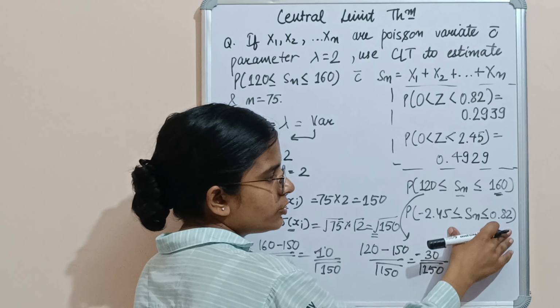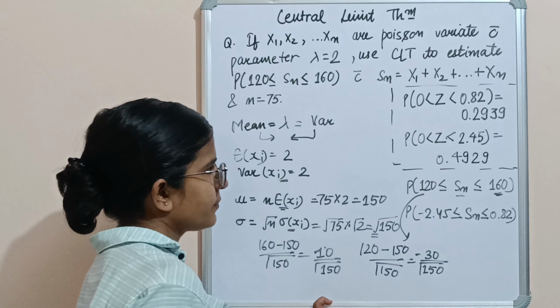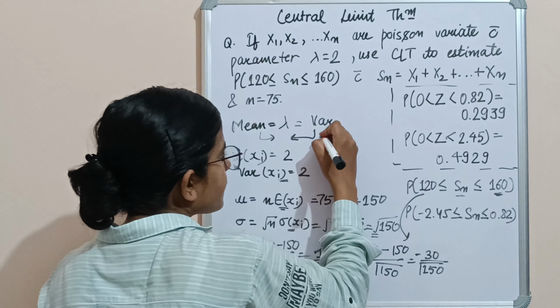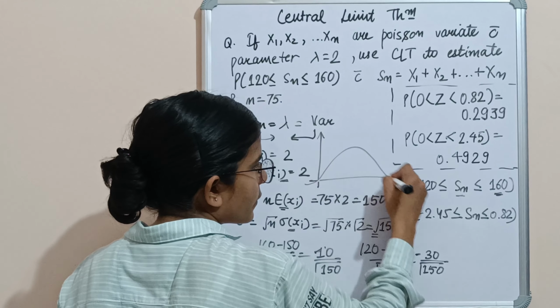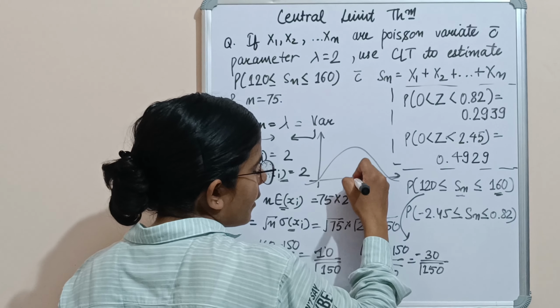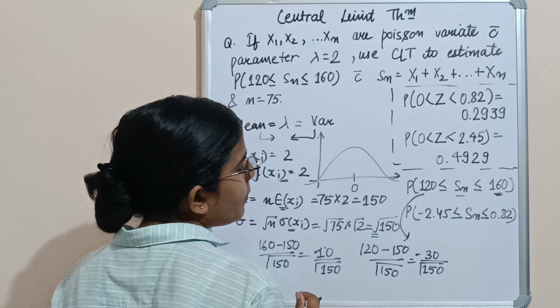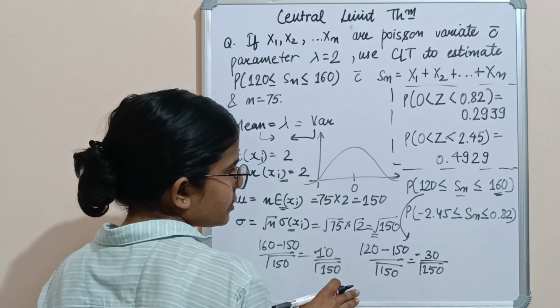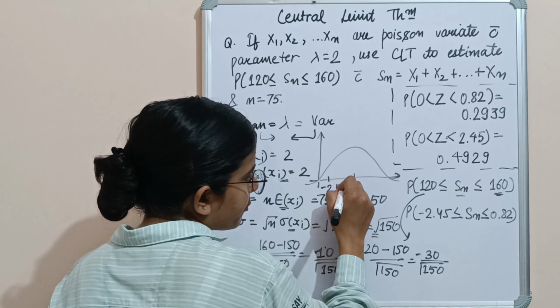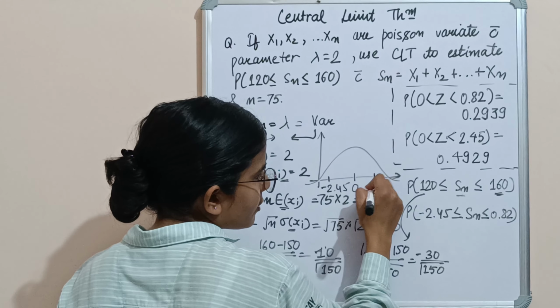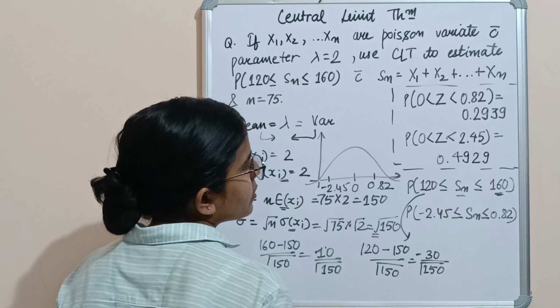Now we have to find the probability of this interval. If we draw the graph of the standard normal variate, which is symmetric about the mean value z equals 0, here will be the point minus 2.45 and here somewhere will be 0.82.